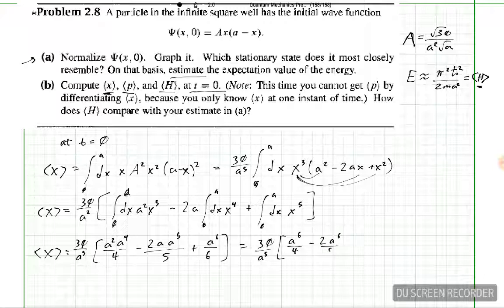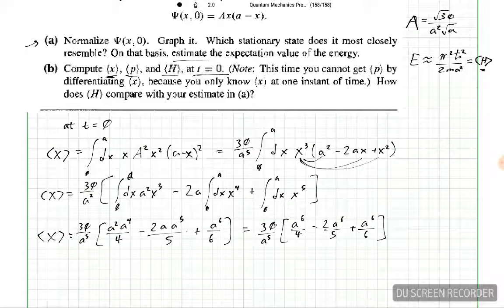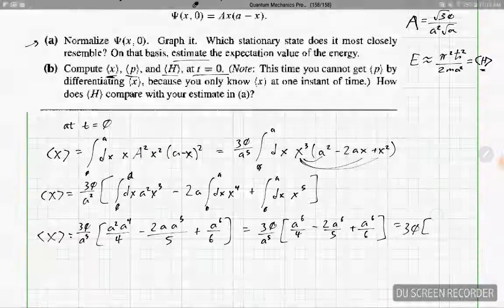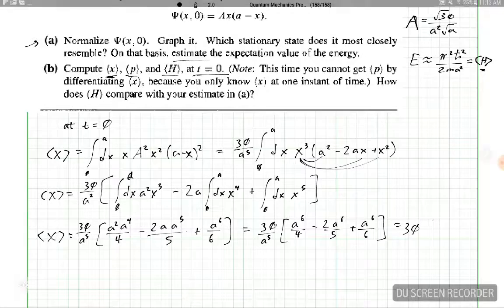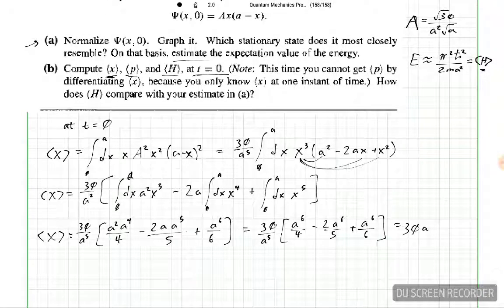So that means I can cancel the a to the 6 with the a to the 5th, and I will just get units of meters, which is exactly what I want. In fact, I'm going to go ahead and just factor out that a as well.